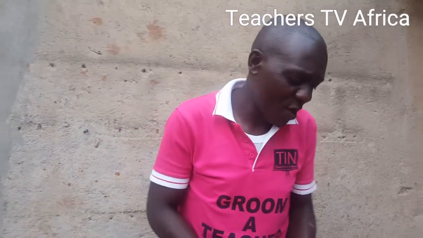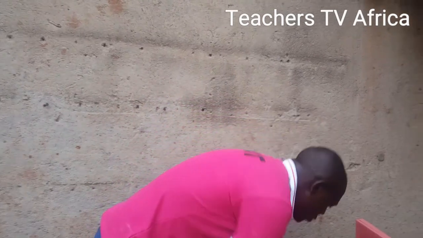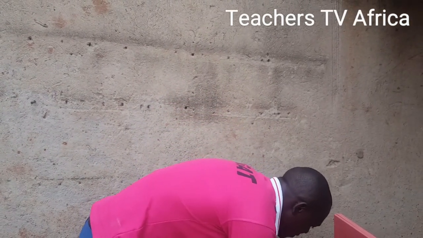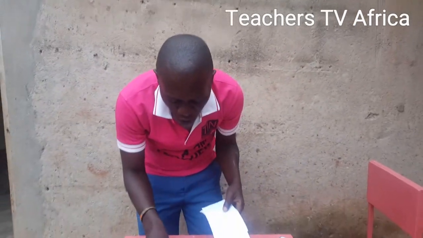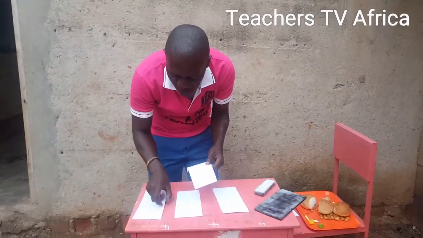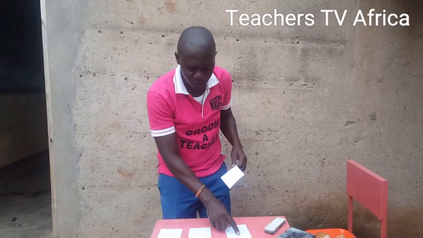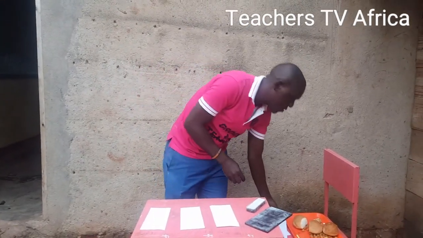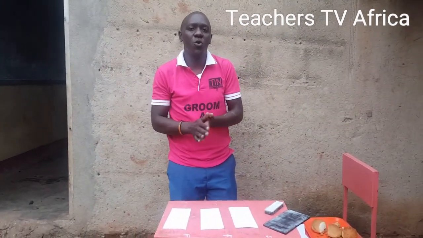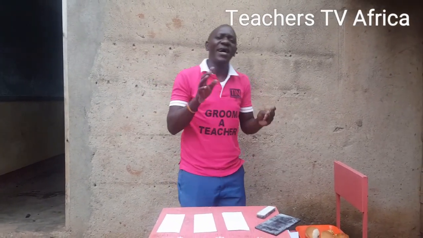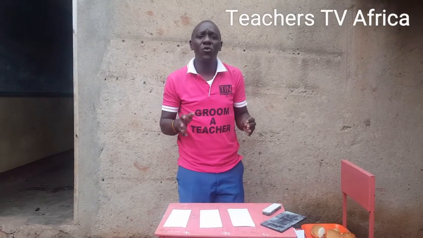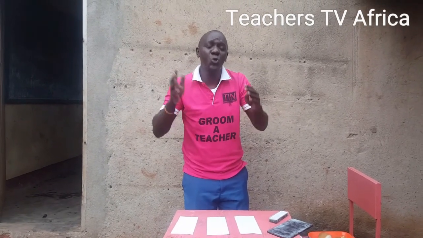So we are starting. As shown, we have 3 students: Paul, Joshua, and Samuel. Then we call maybe Amos or Abdu to come in front, and we have 3 bands. We tell him, kindly share the bands among the 3 students.